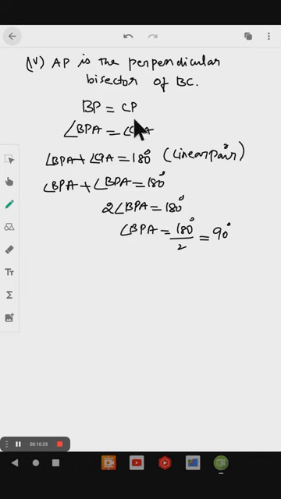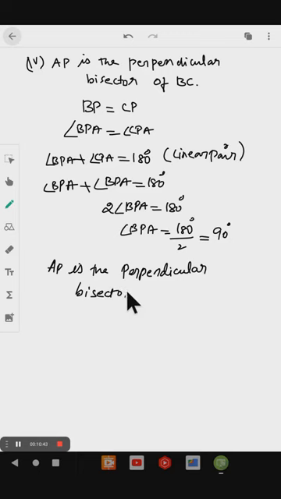Then we can conclude that AP is the perpendicular bisector of BC. Okay, now first question over.